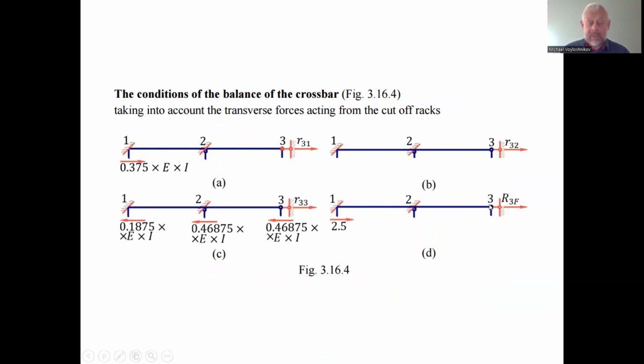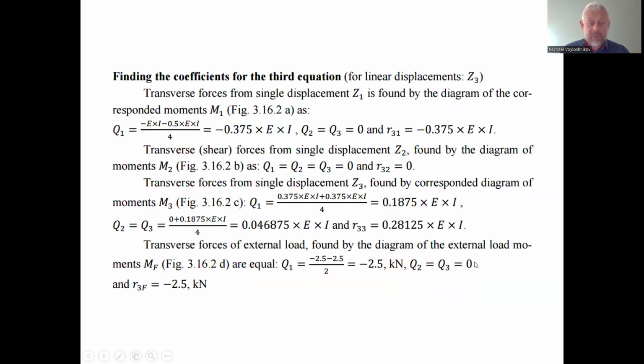This is the free term and the action of the external force of the canonical equation of the displacement method.